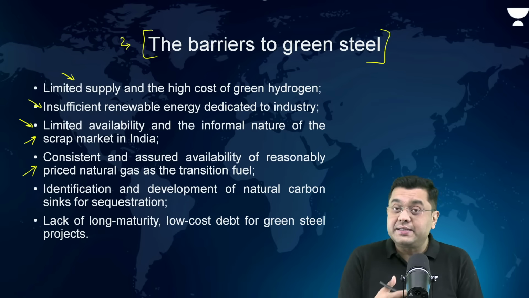Why is natural gas mentioned here? Because immediately we won't be able to switch to green hydrogen. It is a time taking process, right? So if we are not able to switch to green hydrogen immediately rather than coal, the transition should be with natural gas, so that at least the amount of emissions are less. So natural gas here, when it is mentioned, is a kind of transition fuel from coal to hydrogen.